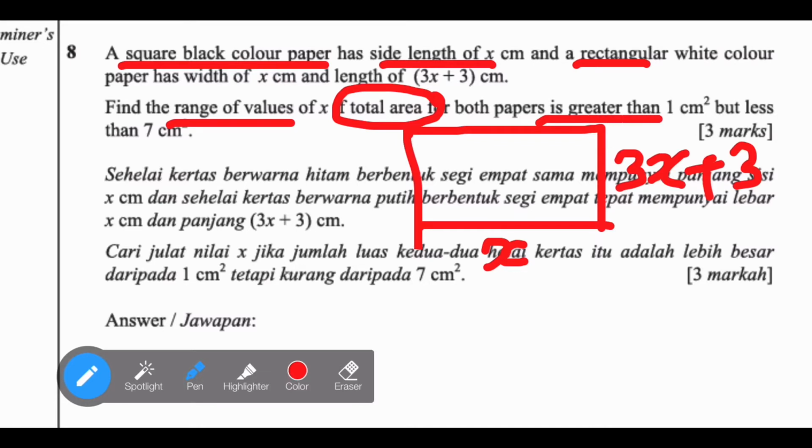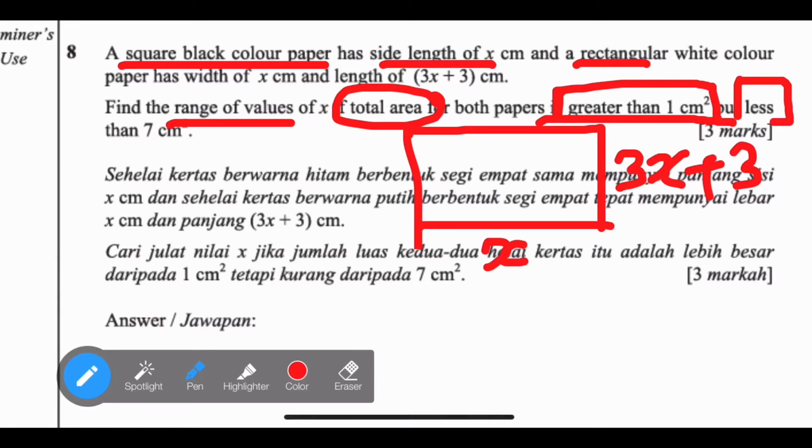Then you highlight greater than 1 centimeter square for the total area for both papers. For the 2 pieces of paper, the total area is greater than 1 centimeter square, but less than 7 centimeter square. So these are the keywords.